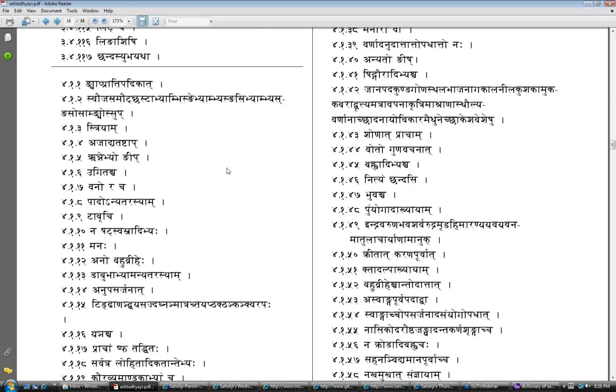Then you do akasavani dirgha. This is the reason why you do not have a single pratipadikam in the whole language which is in the feminine and ends in short a, because the moment this sutram comes, it makes it long a.